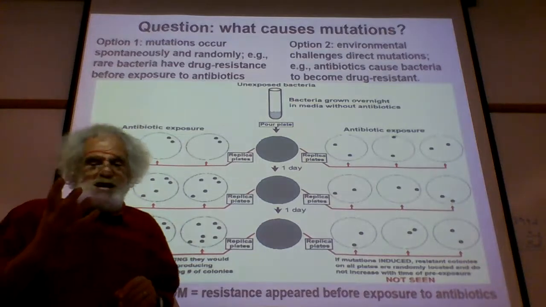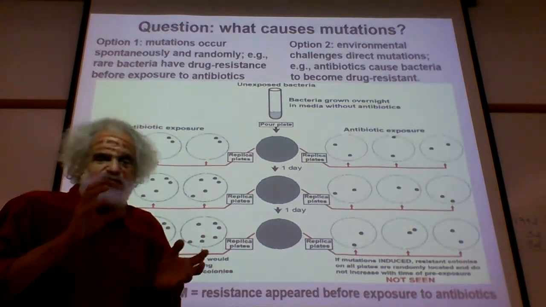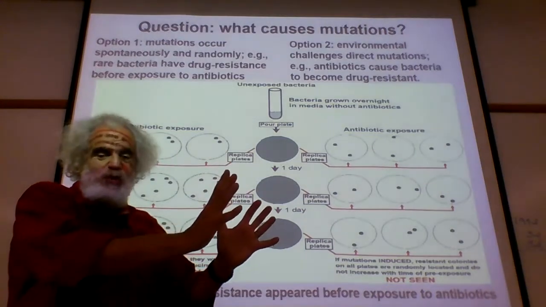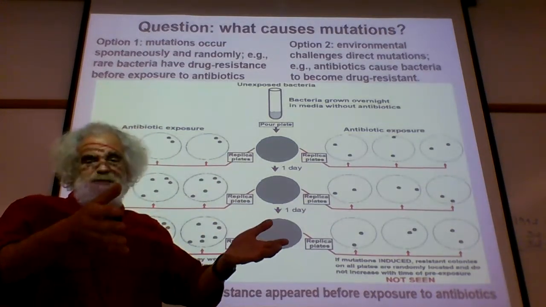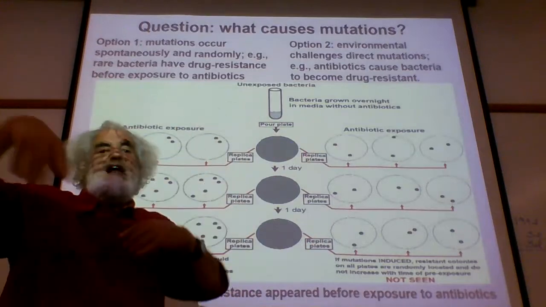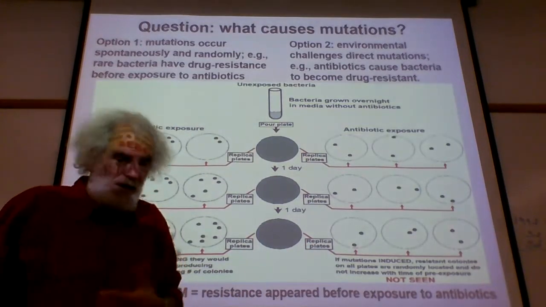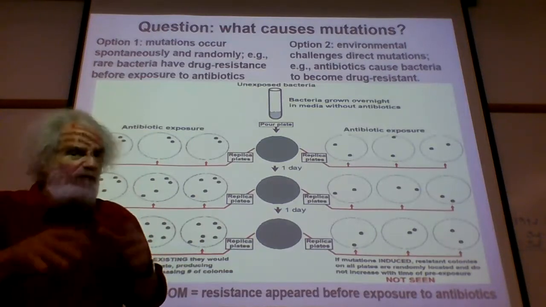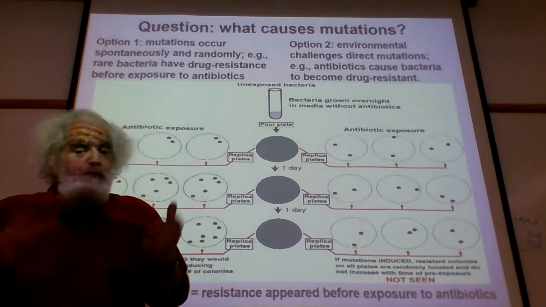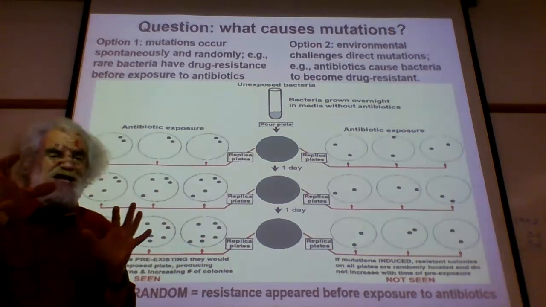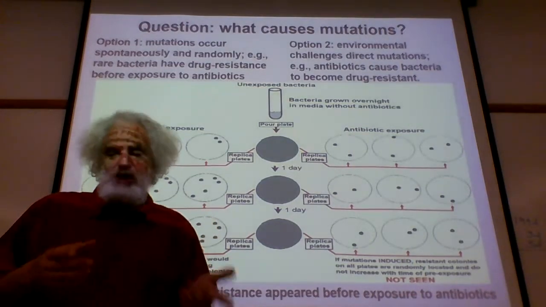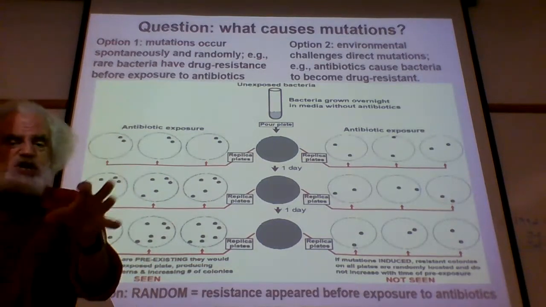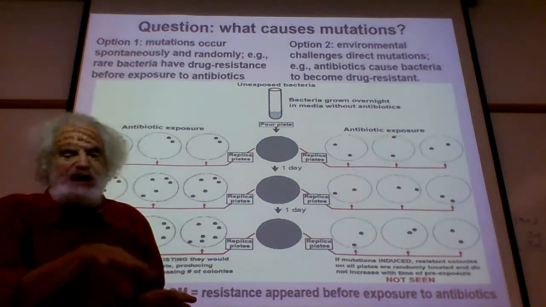You can have a mutation, but if there's not a selective pressure to push populations towards that mutation, it's a mutation that happens, but it's maybe being swamped out by everybody else that didn't get mutated. Sometimes the mutation causes that organism to still be alive, but not do quite as well. But if it does provide some kind of selective advantage, say you are resistant to an antibiotic, until you're exposed to that antibiotic, that mutation didn't do anything for you.